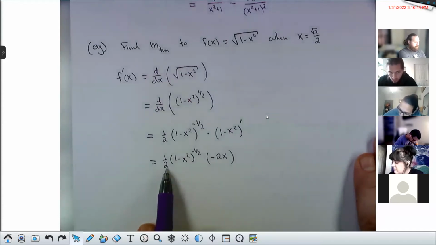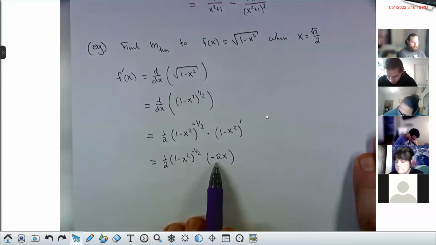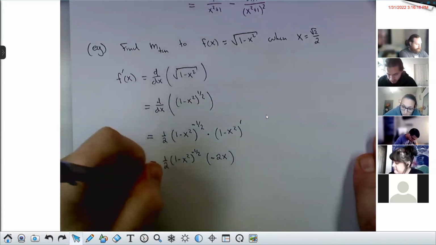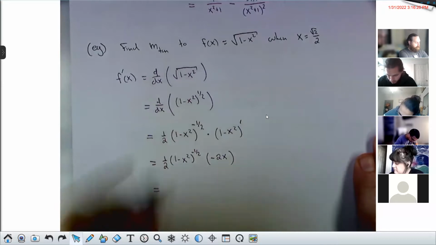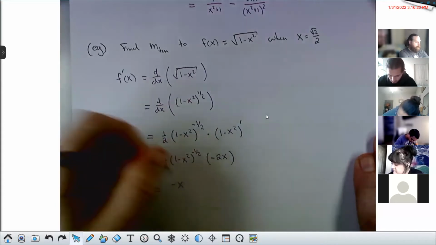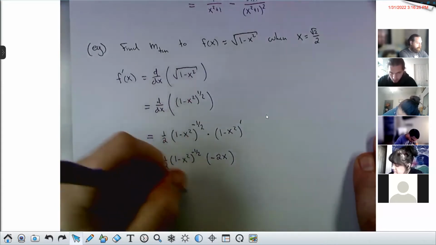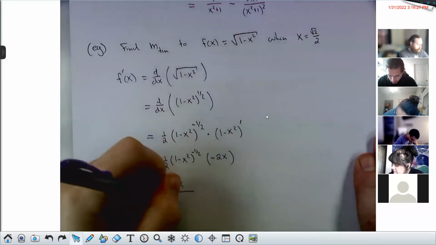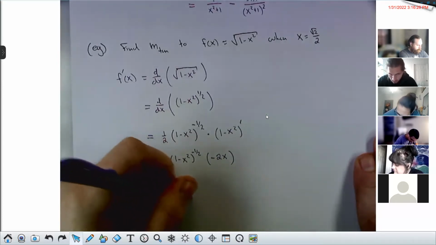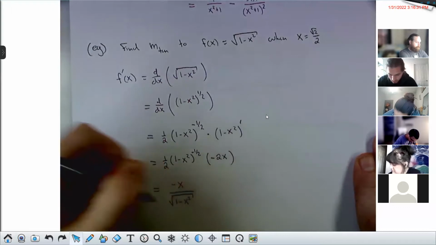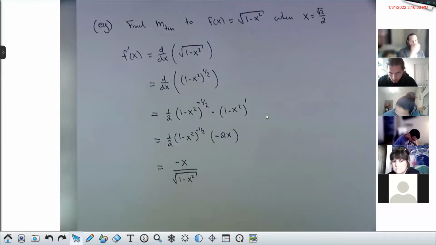And then this 1/2 can multiply with this -2. They will cancel. You'll have -x, and then 1 minus x squared to the -1/2. I can write that as over the square root of 1 minus x squared. And that's it.